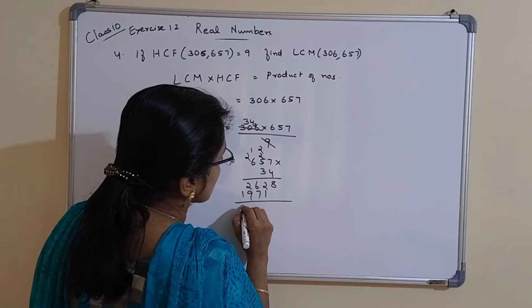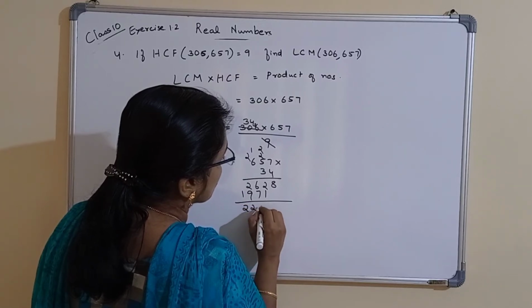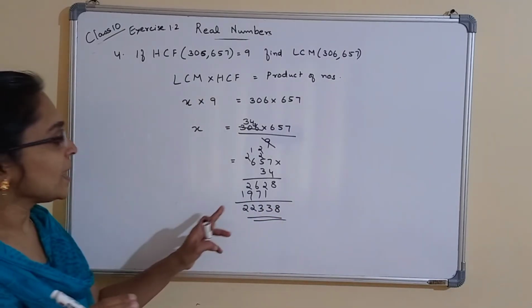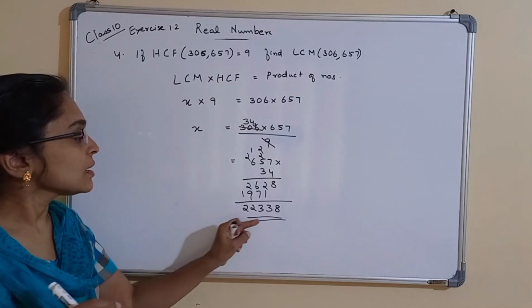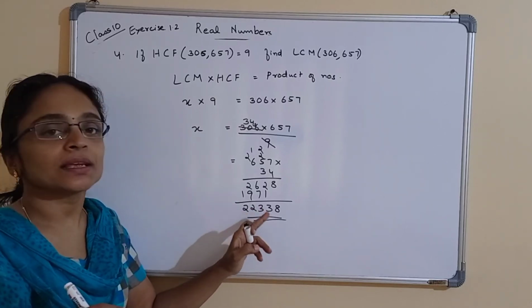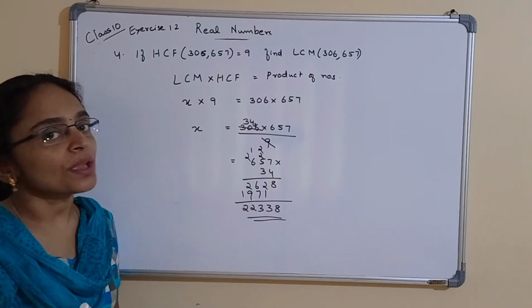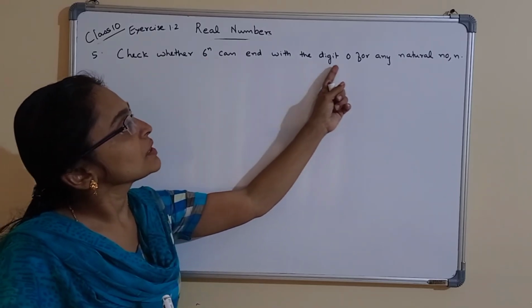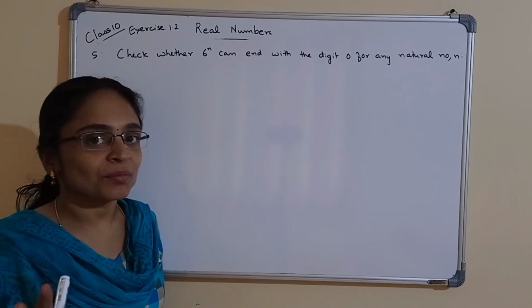So we'll get 22,338. So LCM of these numbers is 22,338. Okay.